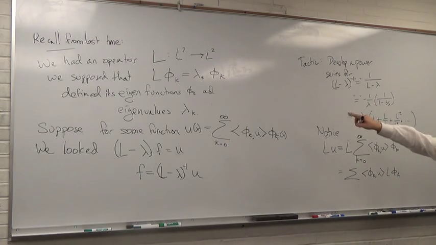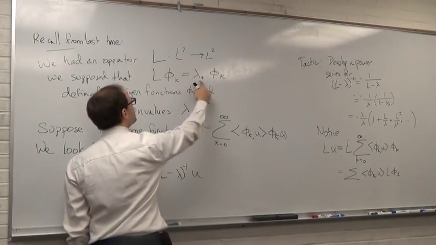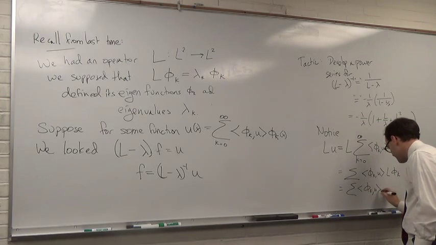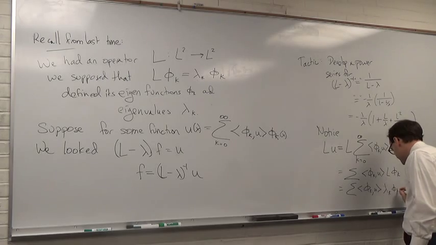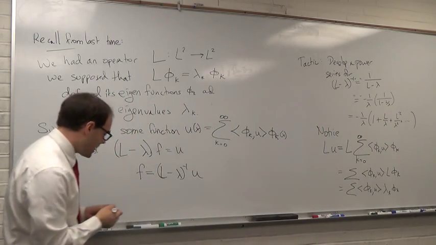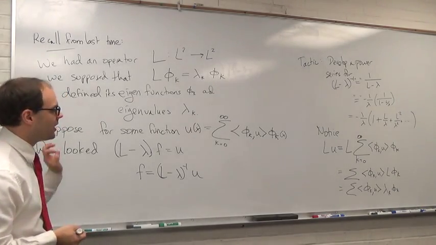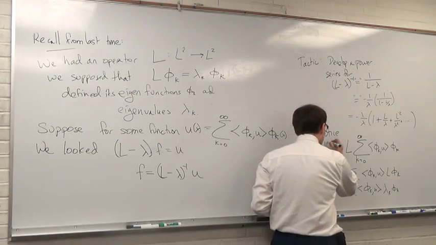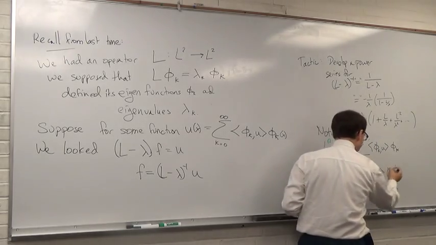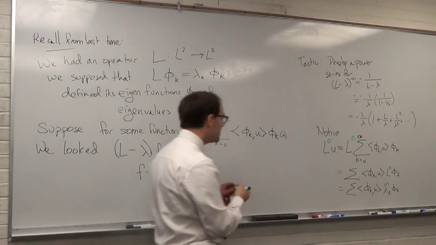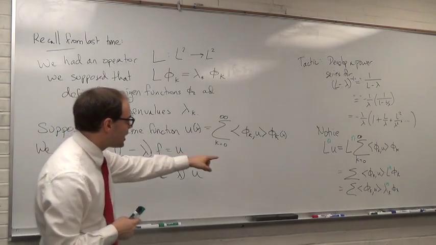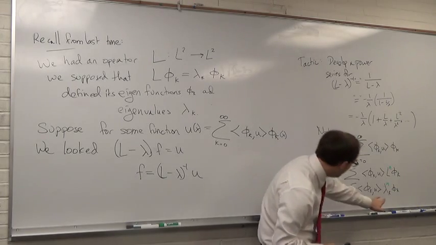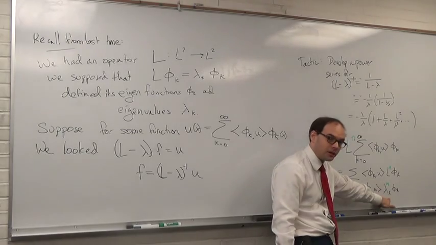And by definition of L of phi k, that's lambda times phi k. Now, what if I took another L and operated on this thing again? Well, I'd end up with a lambda squared. So in particular, L to the n there turns into a lambda to the n. So if I develop a polynomial in L here and act on U, it ends up just turning into a polynomial in lambda k.